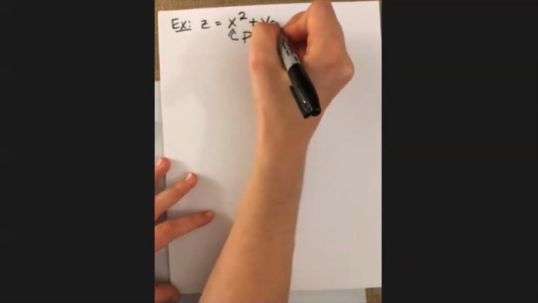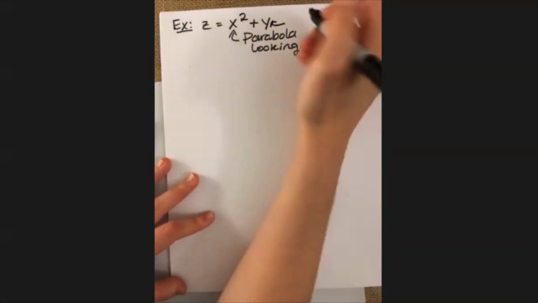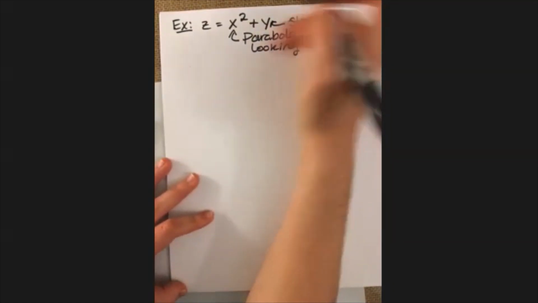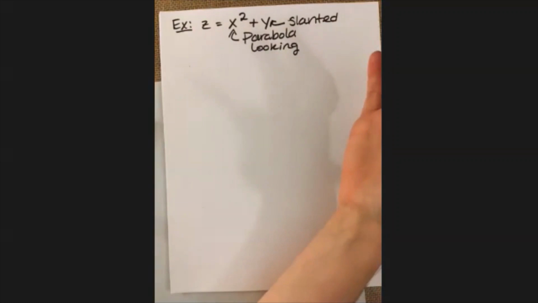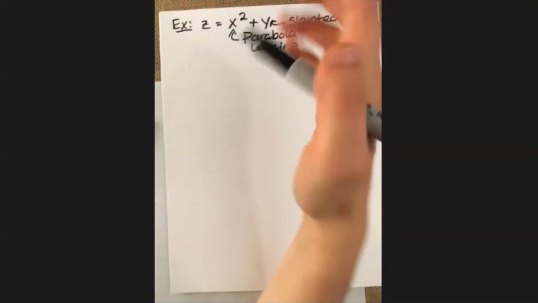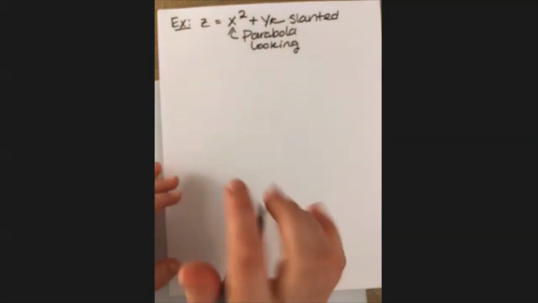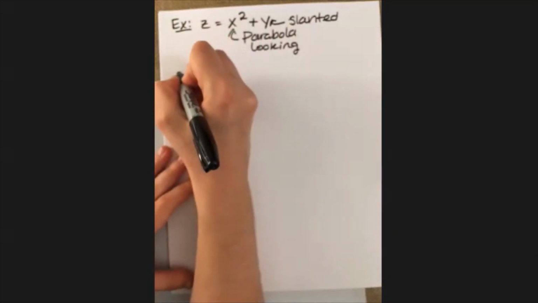All it's going to do is create a tilt to it, or slant it a little bit. If you want to picture it, it looks more or less like a taco that's been tilted on one end. But anyway, we're going to use this to come up with our contour diagram.